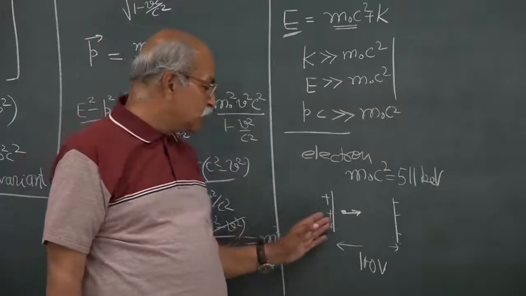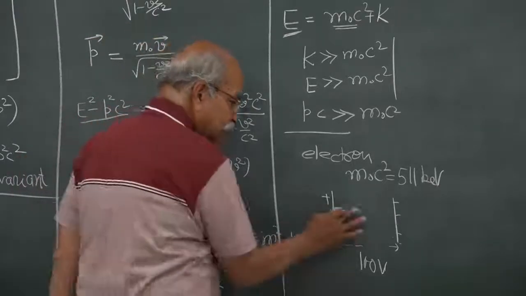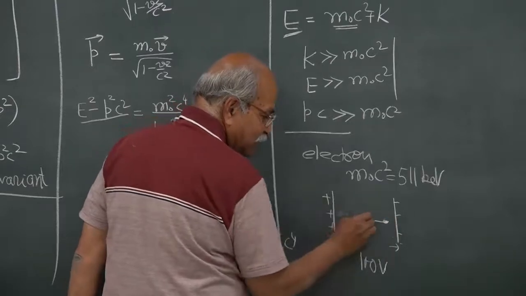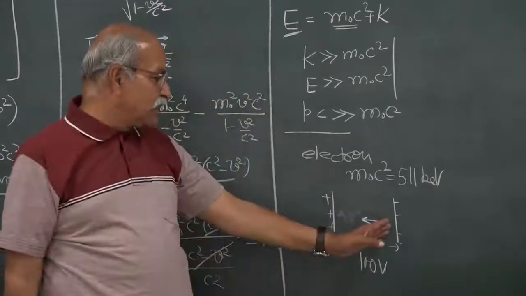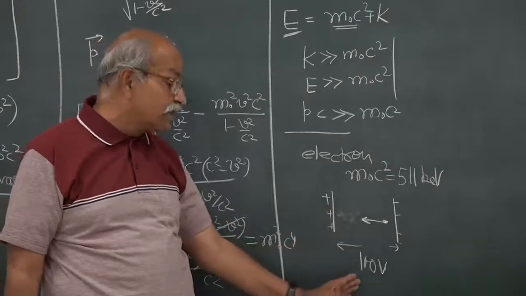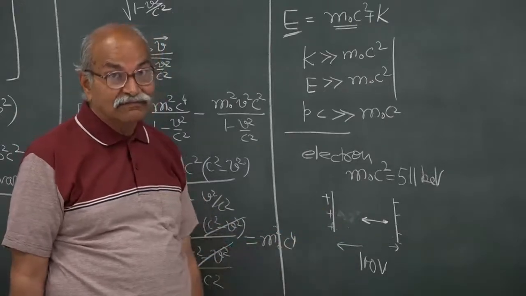So, when it moves, let me write it this way. The field is in this direction, so force is in this direction. From here when it reaches here, the kinetic energy is increased by 100 electron volts, right.